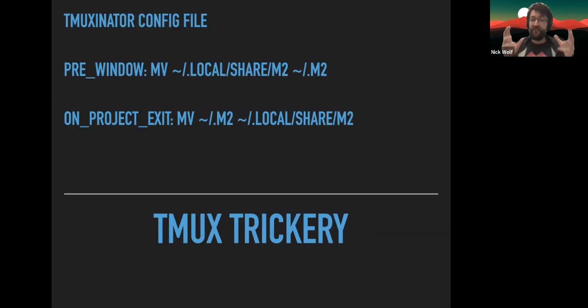After that, you can get even quirkier. One option that I've used in the past is Tmuxinator, which is a program that allows you to boot up an arrangement of tmux windows and panes. You can set a pre-window command, to run before you start this series of screens, in this case moving the M2 folder, which most of the time I don't want in my home directory.